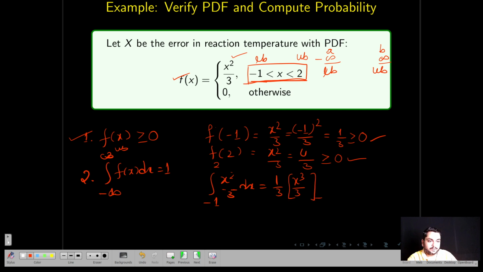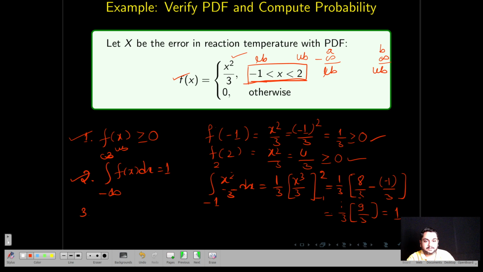Then put the values minus 1 to 2. This will come to 1 by 3 into 2 cube is 8 divided by 3 minus 1 cube is minus 1 divided by 3. So this comes out to be 1 by 3 into 9 by 3. So this is 1. Therefore, this is also satisfied.